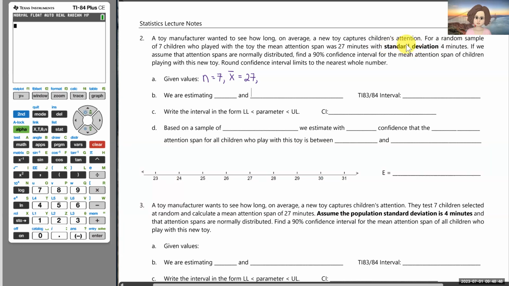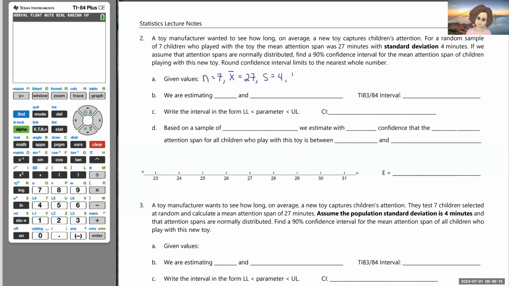So that standard deviation was for those 7 children. So we could put the word sample standard deviation in front of it for more clarity, but it should be clear by the context of the sentence that this is sample standard deviation. So our symbol is S, sample standard deviation 4 minutes.